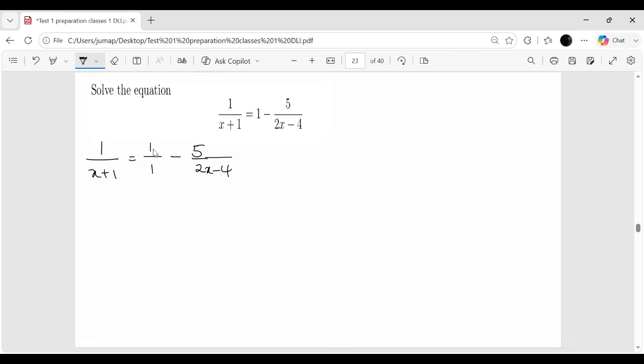So this side we have 1. So here our common denominator is going to be 2x minus 4. So 1 into 2x minus 4, it is 2x minus 4.